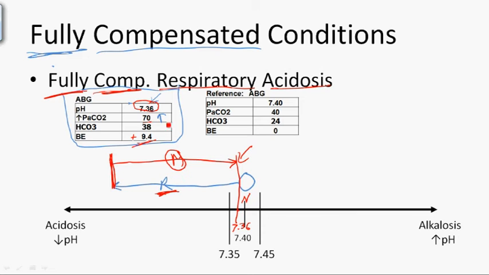So here's somebody who's potentially chronically hypoventilating with a high CO2, and this may be consistent with somebody like a COPDer who's in a steady state, and the body has compensated for this chronically high level of CO2 by retaining bicarbonate, and that's reflected in both my high bicarbonate values and in a positive base excess. You notice I'm harping about the base excess because that clearly identifies that change in pH due to metabolic conditions as compared to respiratory conditions.